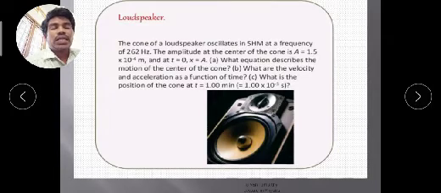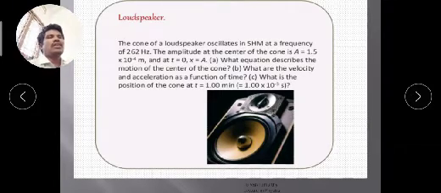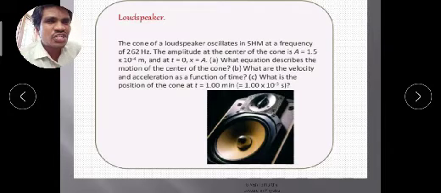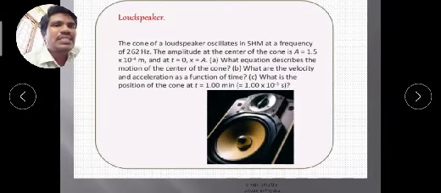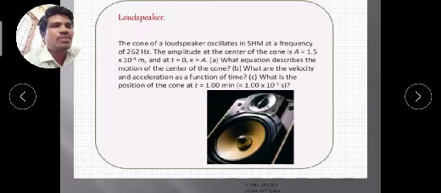So in the loudspeaker, the cone in the center vibrates 262 times per second. That's why the frequency of the speaker is 262 Hz. The amplitude at the center of the cone is A equal to 1.5 times 10 to the power of minus 4 meter, and at t equal to 0, x is equal to A. So what equation describes the motion of the center of the cone?